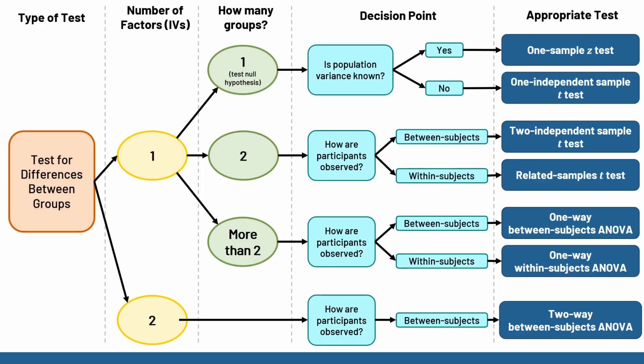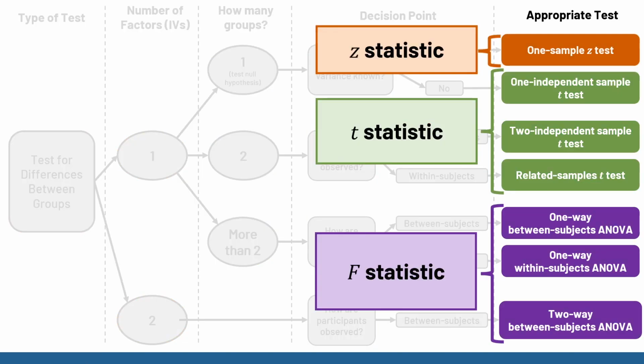So I'll give you that information in Canvas. I encourage you to play around with it. This slide is scary. Don't let it scare you, because we'll walk through it the rest of the semester. But basically, these are all the hypothesis tests we'll cover in this course. We'll also cover correlations, but those don't quite fall under this umbrella of tests for differences between groups. And we'll walk through that, but for now, just know that these are grouped into the different statistics that we'll calculate or compute, right?